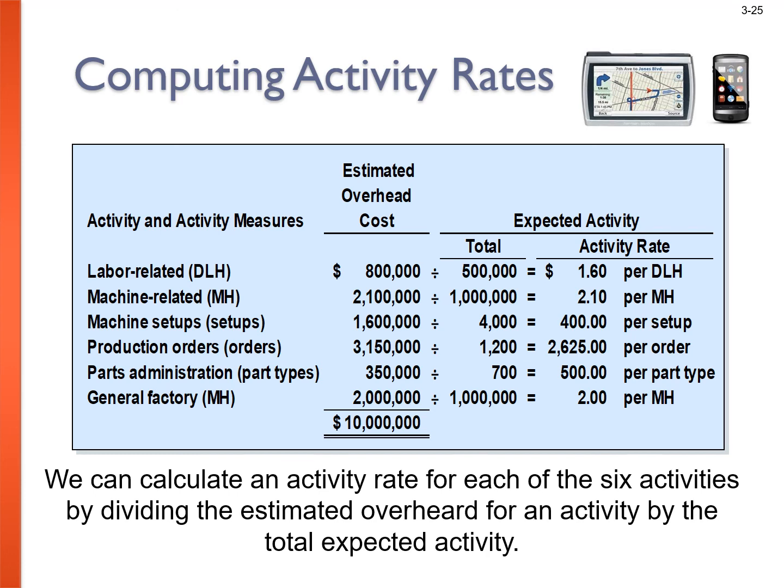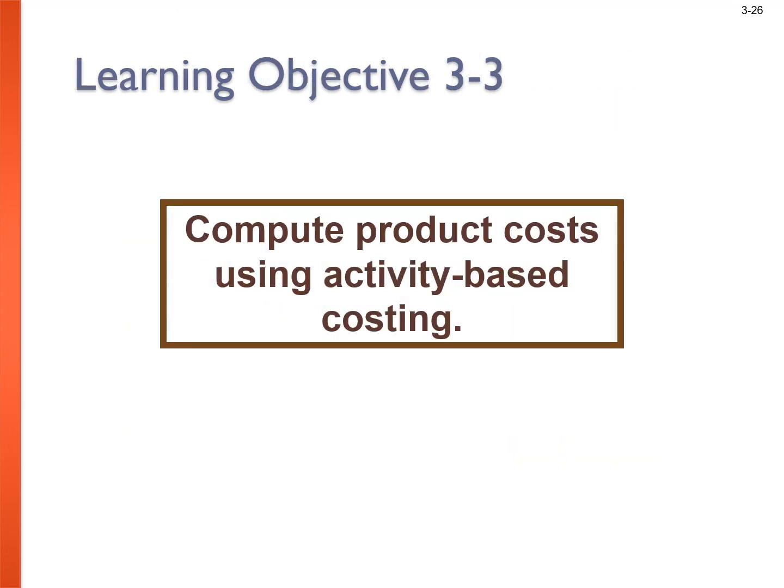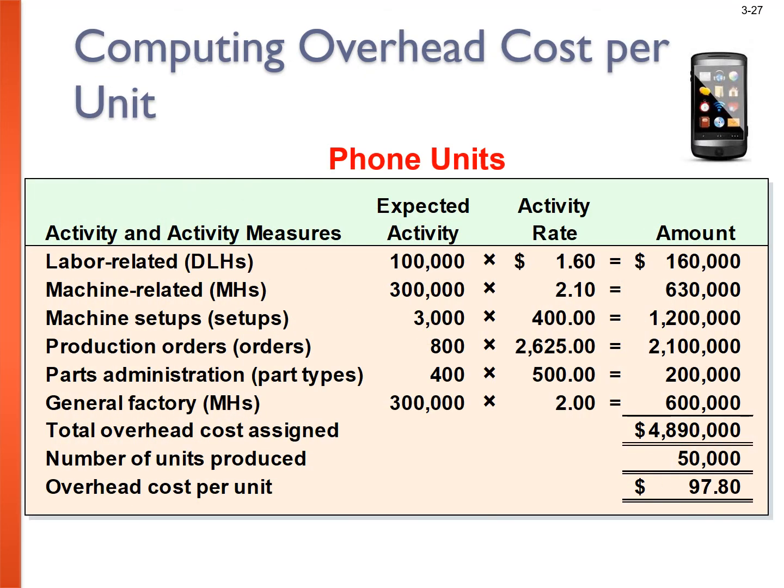The next step. Now we could determine a product cost. Now, let's see how much overhead is associated with each phone. The labor-related activities for phone is expected to be 100,000 hours. So 100,000 hours times the activity rate of $1.60, the manufacturing overhead related to labor, 160,000. Machine-related overhead.